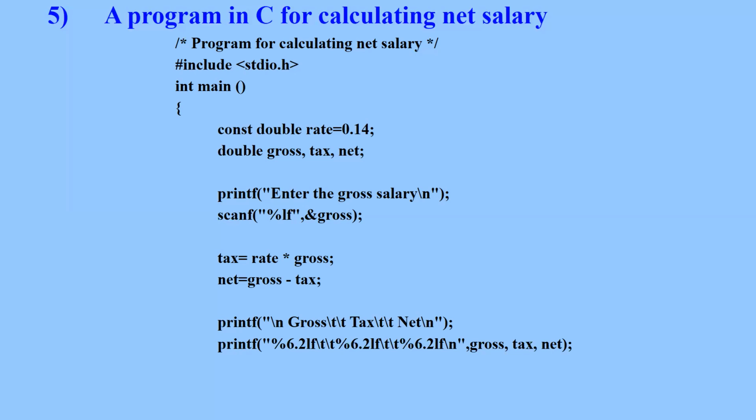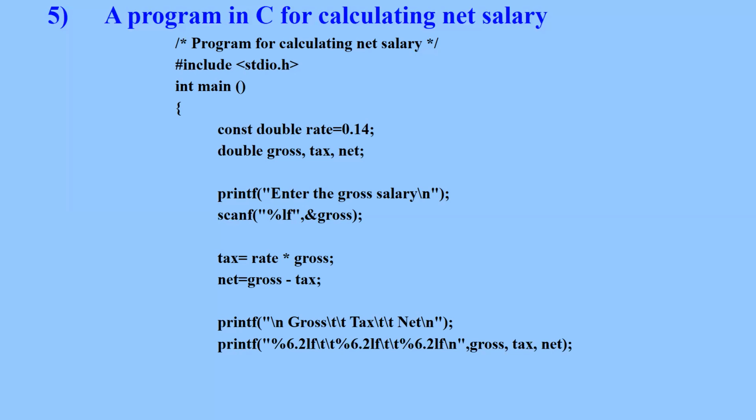formatted in the manner of, for example, gross should not exceed 6 characters, and 2 of those characters should be for the fractional part, and one of them is the decimal point.